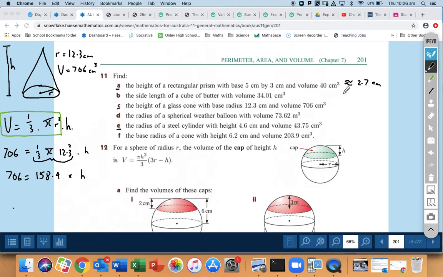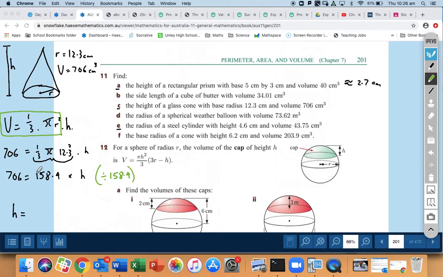Okay. Where I'd like to be is have an equation in this form where I just have height equals. But at the moment, I have height times this number. I need to get rid of that. I need to undo or reverse times by 158. So what I do is I divide by 158.4.